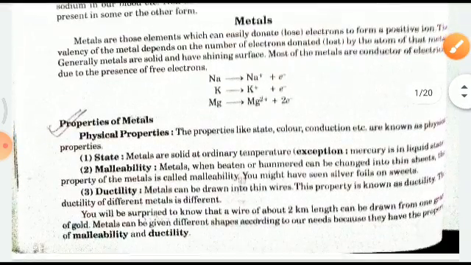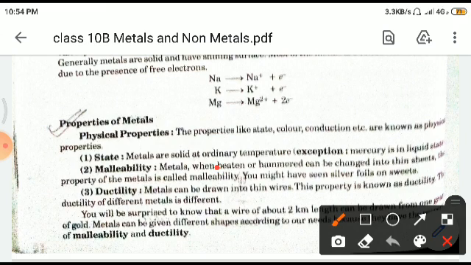Now, properties of metals. The physical properties include, first, the state. Metals are solid at ordinary temperature. Exception is mercury. Malleability refers to the property by which a metal can be beaten into thin sheets, like silver.